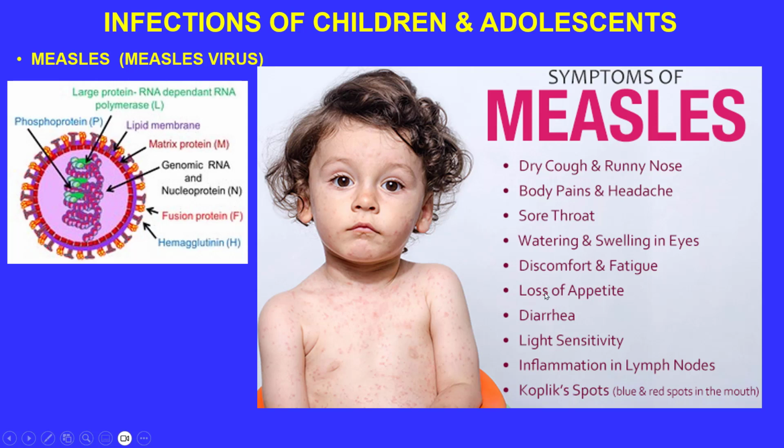And as this child would show you, and you can see some of the measles right there, the symptoms include dry cough, runny nose, body pain, headache, sore throat, watering, swelling in eyes, discomfort and fatigue, loss of appetite, diarrhea, light sensitivity, inflammation in lymph nodes, and Koplik spots.